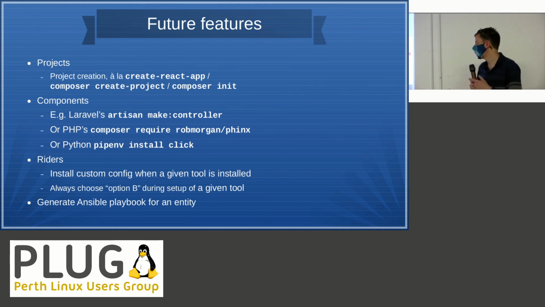And there's one last thing I want Toolbelt to be able to do, which is generate an Ansible playbook for installing an entity. Now that's going to be a bit weird, right? Because I've already got a bunch of functions I use like pgp_verify and fetch. In theory, I could make a bunch more functions that are generic, which means when I'm running Toolbelt on the server, it runs the function that does the thing on the server.